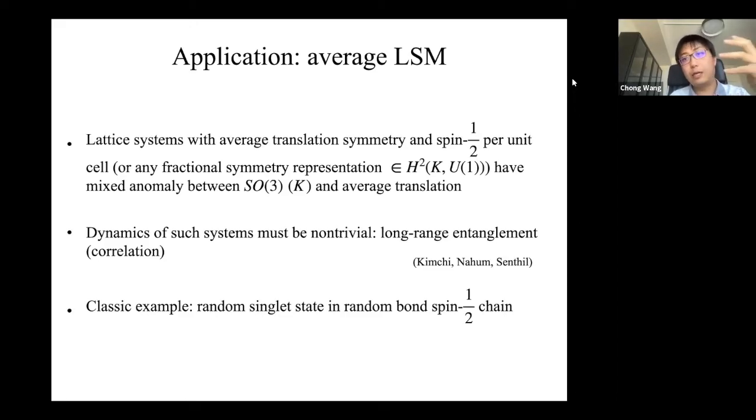And then you have the average translation symmetry. So think about a random bond Heisenberg model or something. Then it turns out this type of system will also have an average anomaly between the exact on-site symmetry and the average translation symmetry, with very similar consequences.